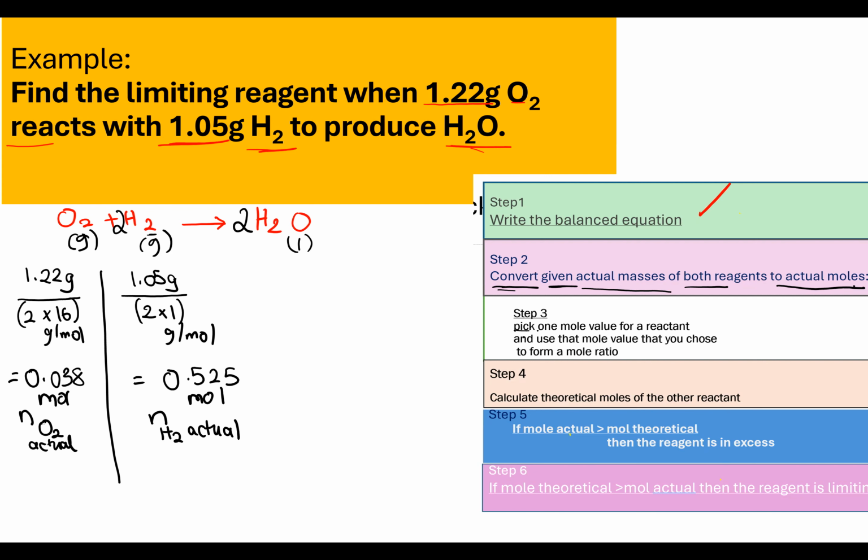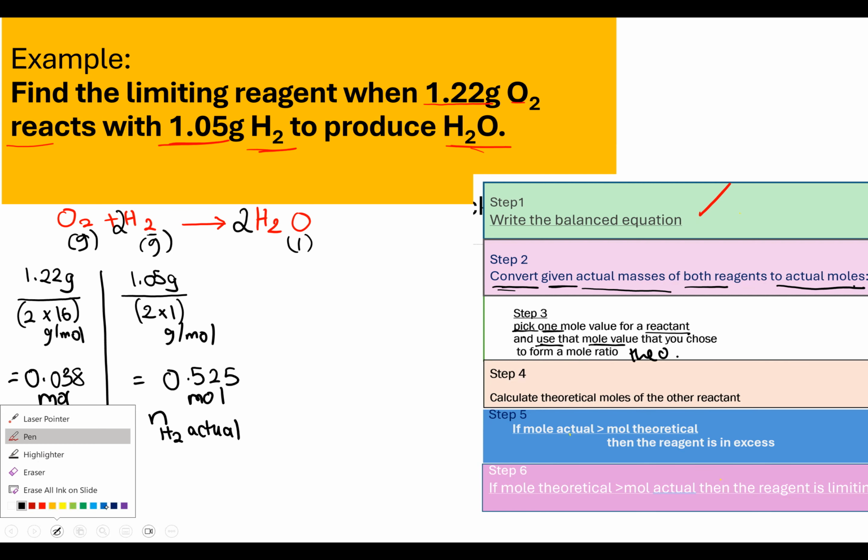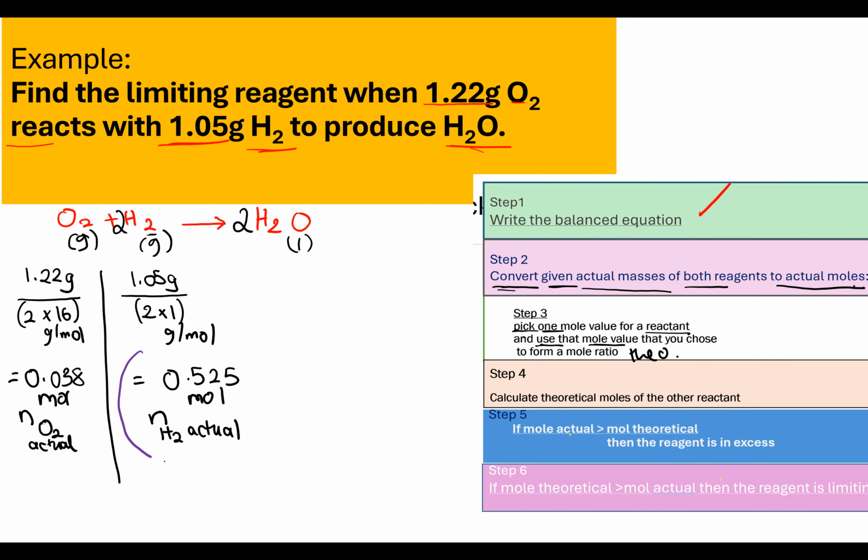Step number 3: pick 1 mole value for each reactant, and then we're going to use it to find the mole value for the other one that is theoretical from the mole ratio. So we are going to pick one. Which one are we going to pick? For example, if we pick this one, you choose anyone that is actual.